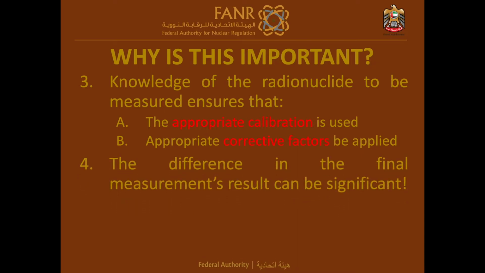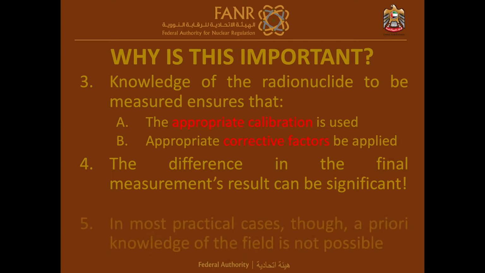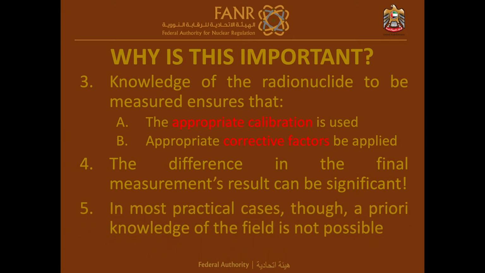The difference in the measurement can be significant, specifically depending on whether the beta emitter is a high energy beta emitter or a low energy or pure beta emitter. In practice, this is not possible.